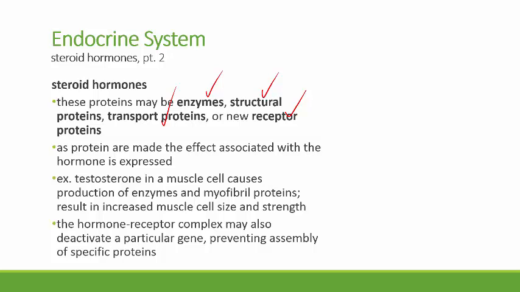So for instance, testosterone in a muscle cell will cause enzymes to be produced and will result in the production of myofibrils, and that will increase the muscle size as we add new myofibrils into the cell, and then we'll get a stronger muscle as well.